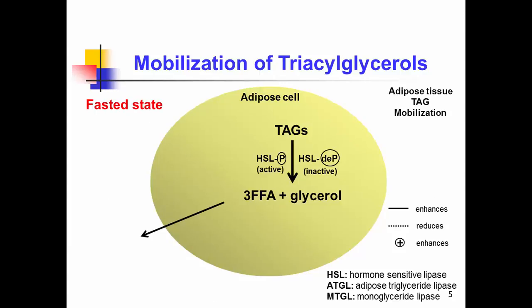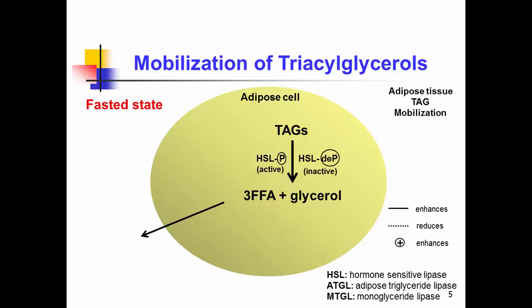Okay, so mobilization in the fasted condition. This again is a fat cell, and we have a triglyceride, right? A lot of triglycerides are stored in the fat cell, and during the fasting condition, the triglyceride will be broken down.